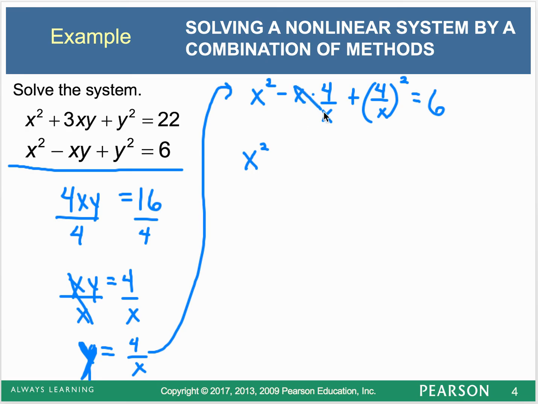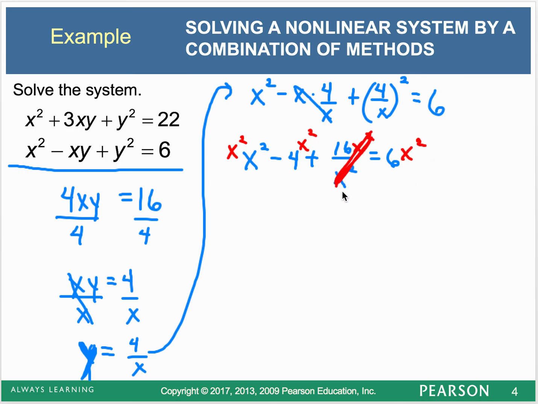Oh, that x and that x, so I'll just have minus 4 plus 16 over x squared equals 6. What do you think we're going to do with that? Yes, it's an equation. Get rid of the fraction. Get rid of the fraction by multiplying by that denominator. So multiply by x squared, multiply by x squared, multiply by x squared, multiply by x squared.